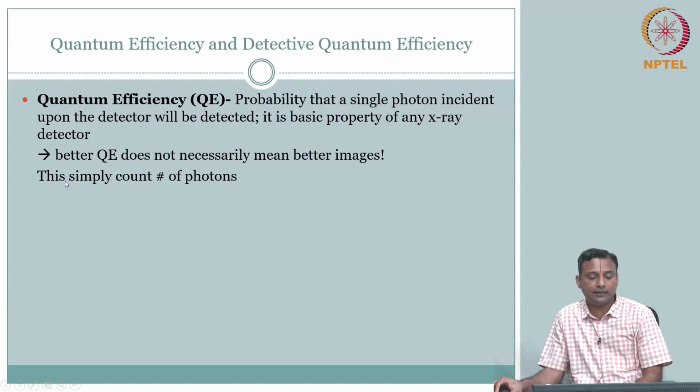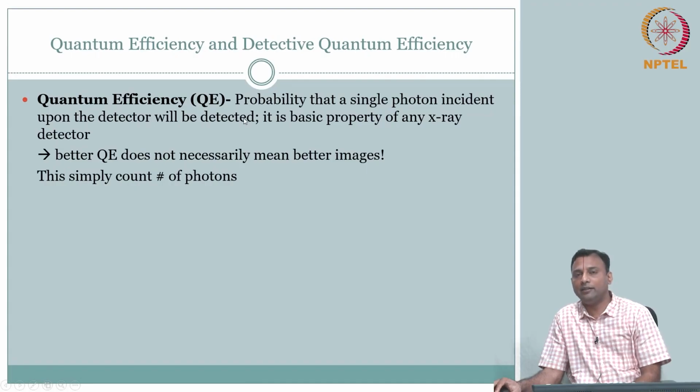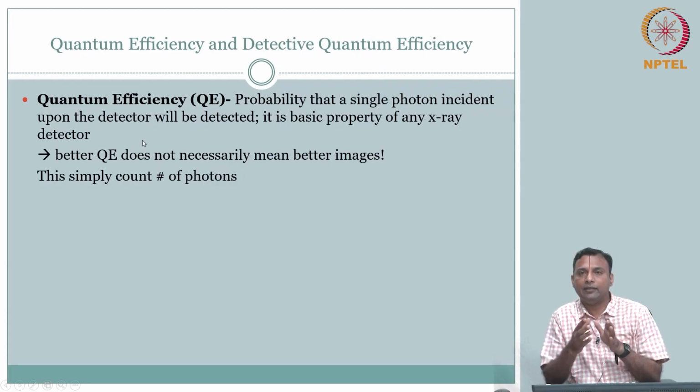What that does is it simply counts the number of photons. So if there is a fluctuation in the number of photons, you will see the fluctuation. That is what we mean. So this is important, but it does not fully capture the performance. I need some way to say that introducing this detector is not spoiling anything further.